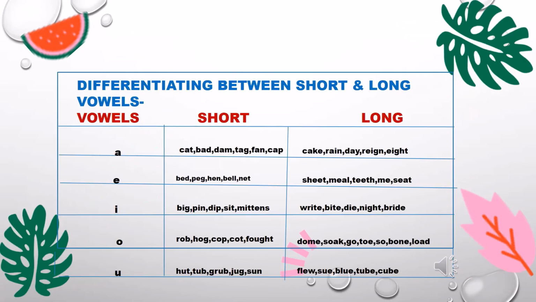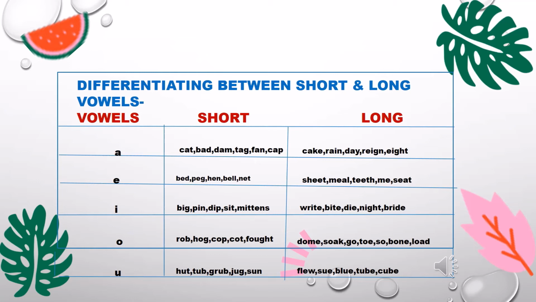Kids, some more examples of short and long vowels like A as in cat, pat, mat, tag, long vowel, cake, rain, day, eight. E sound, bed, peg, bell, long vowel, sheet, meat, teeth, me, seat.